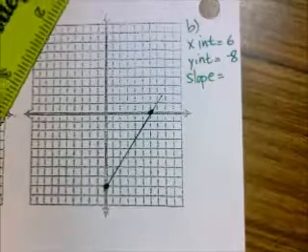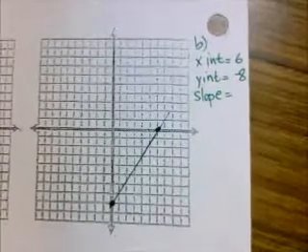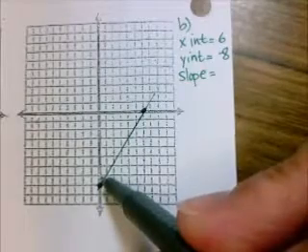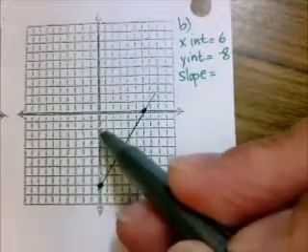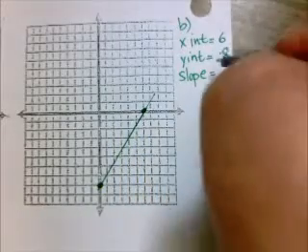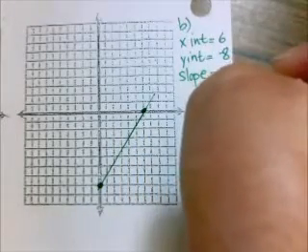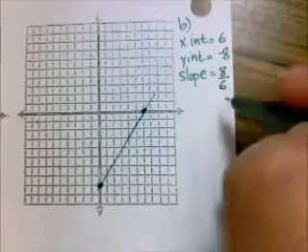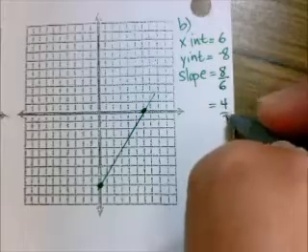Sorry about that, I got interrupted. All right, so the slope is that it's going up 1, 2, 3, 4, 5, 6, 7, 8 over 1, 2, 3, 4, 5, 6. Increase of 8, increase of 6, which would reduce to a 4 over 3.